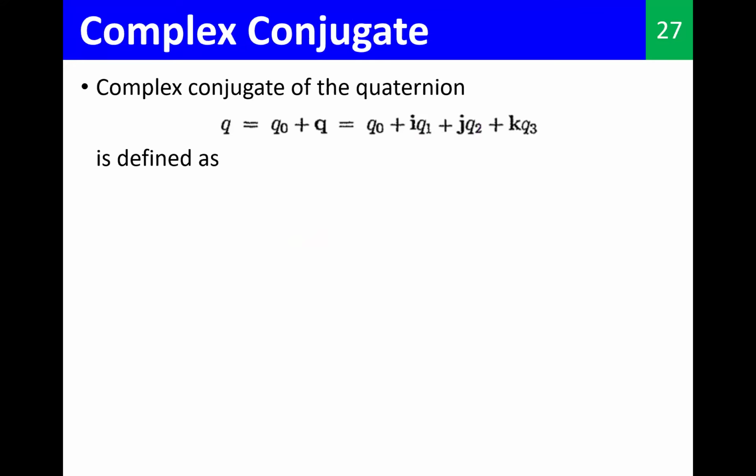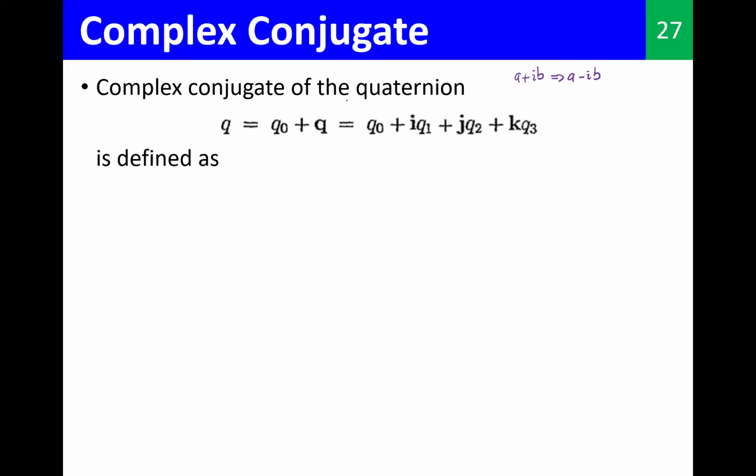Then we can also define something called the complex conjugate. I think you know what it is, right? When it comes to complex numbers, if you have, let's say, a plus ib, the complex conjugate is a minus ib, right? So similarly, for the quaternions, we can define the complex conjugate.